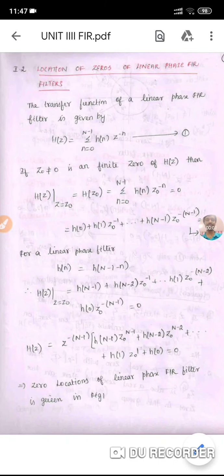Good morning, dear students. In the last lecture, we studied linear phase FIR filters, and we saw the phase delay and group delay of linear phase FIR filters.